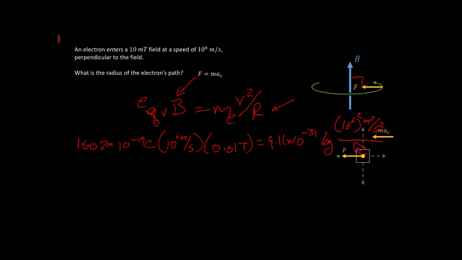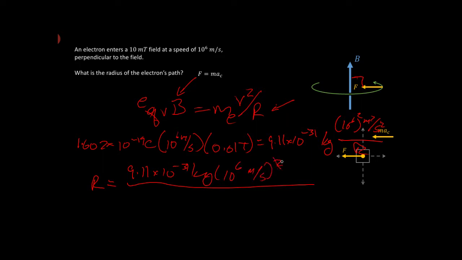So we solve for R. We multiply both sides by R. Then we keep the 9.11 times 10 to the minus 31 kilograms here, as well as the 10 to the 6th meters per second. Actually, we get rid of one of those, we cancel this guy out.